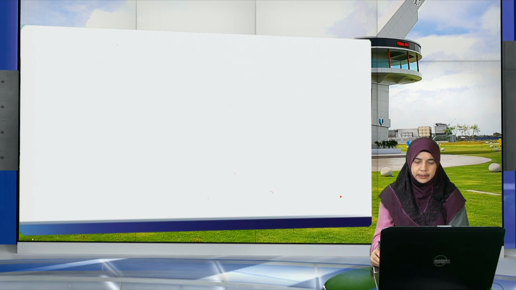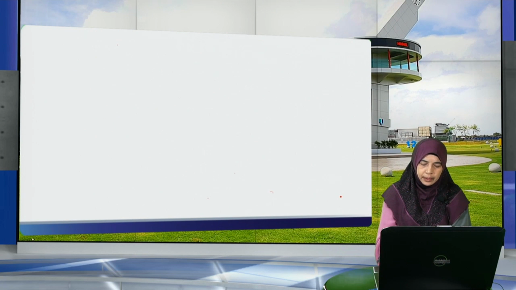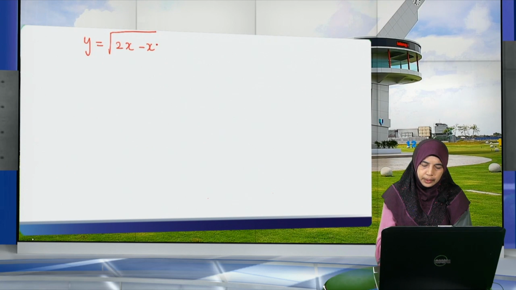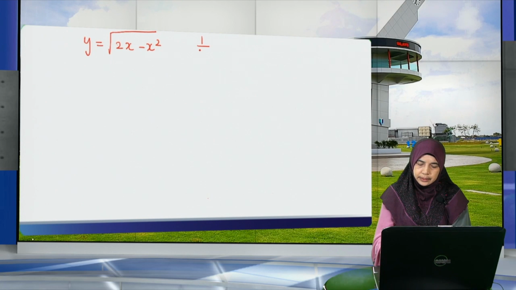Let's look at this example again. We have y = square root of 2x minus x squared. We want to revolve it about the x-axis for the portion x from 1/4 until 3/4.